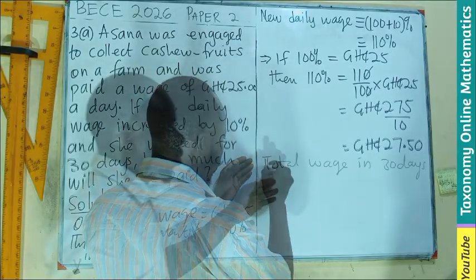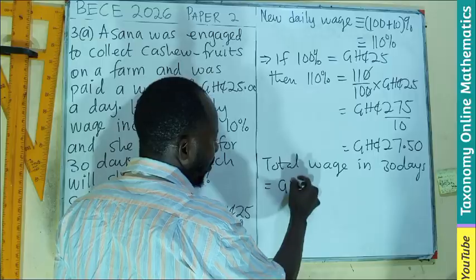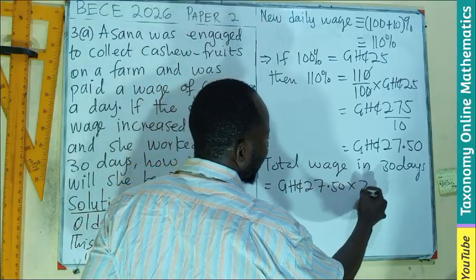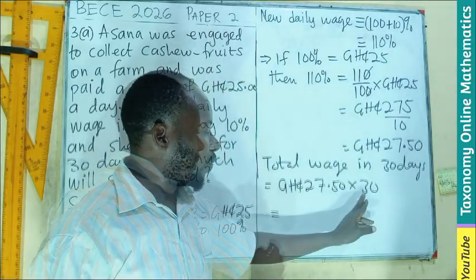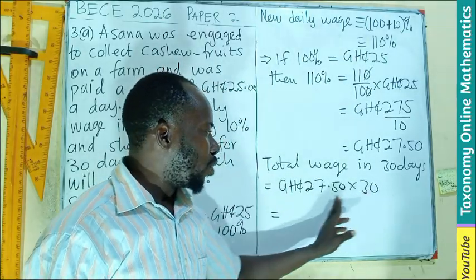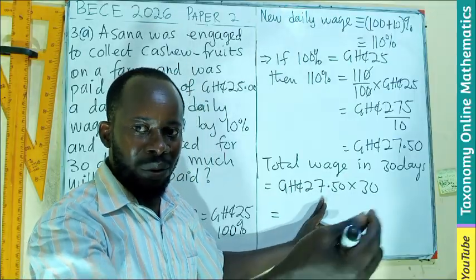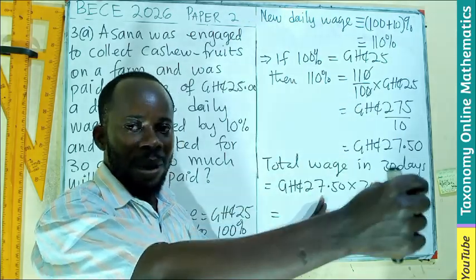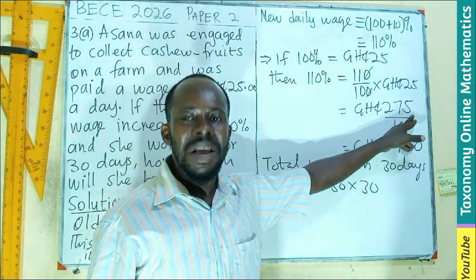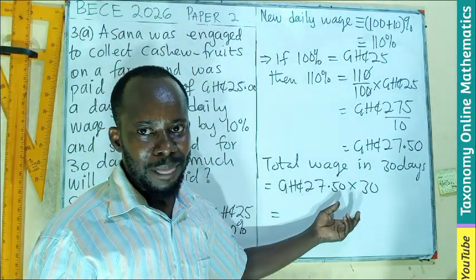So the total wage in 30 days will become 27 cedis, 50 pesewas times 30. If you multiply by 10, you increase the number by 1 decimal place. So if I increase this, I should come back to 275. Then that 275 will now multiply by 3.